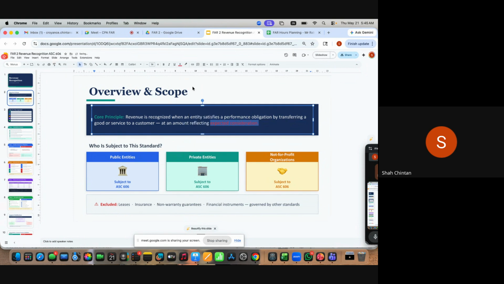This line, this word, has changed the whole scenario. The amount is not the amount as per the contract.